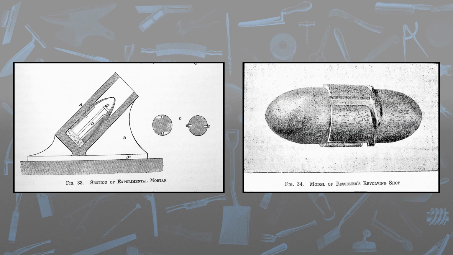It occurred to Bessemer that it would be possible to give rotation to a projectile when fired from a smooth bore gun by allowing a portion of the powder gas to escape through longitudinal passages formed on the surface of the projectile and then terminating at a tangent to the circumference of the projectile. The gases escaping would act as a turbine and produce a rapid rotatory motion to the projectile.